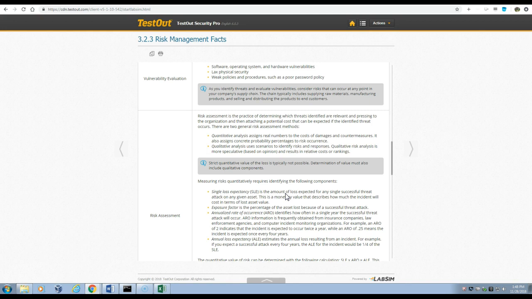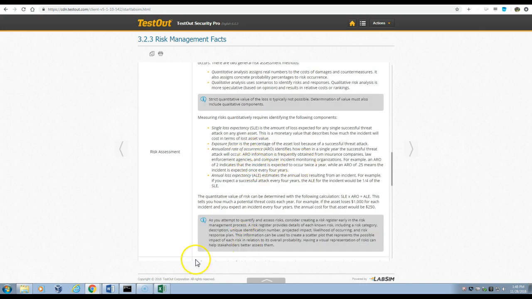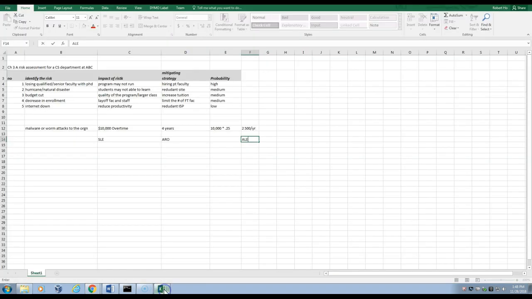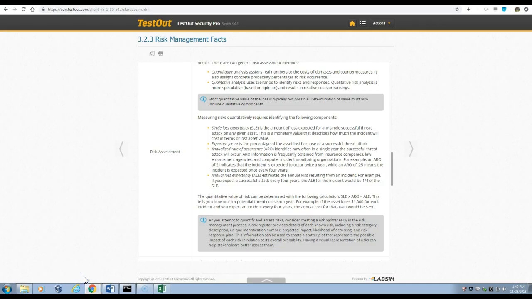Okay, so let's talk about quantitative analysis. Before we go into an example, because I have an example spreadsheet here, I will send this document through Blackboard so you can have this information. Some of the terms that you will need to know before we go into an example are single loss expectancy, or SLE.